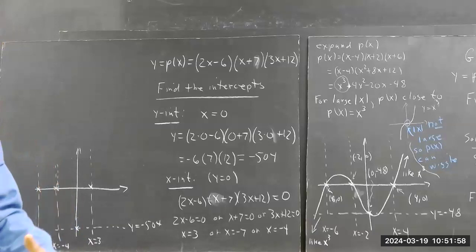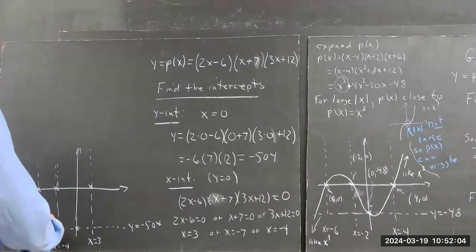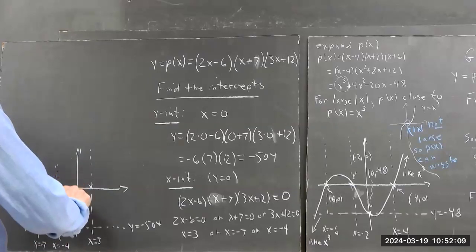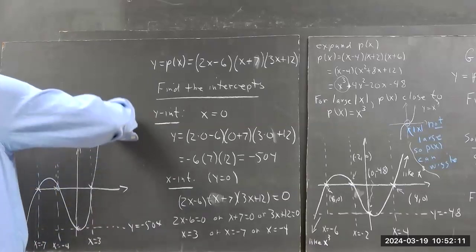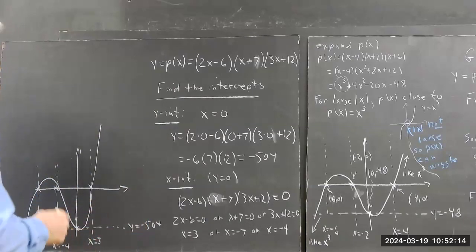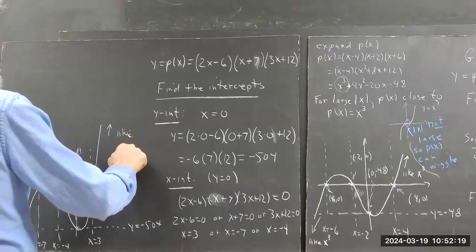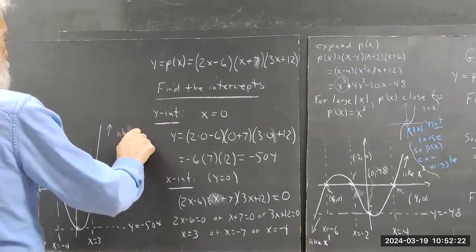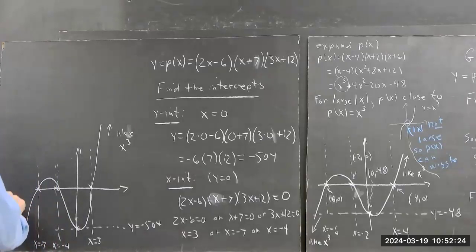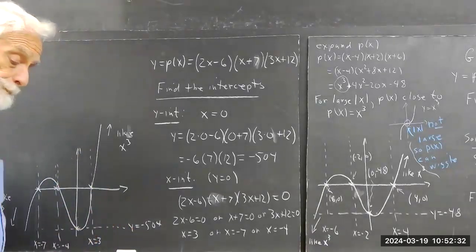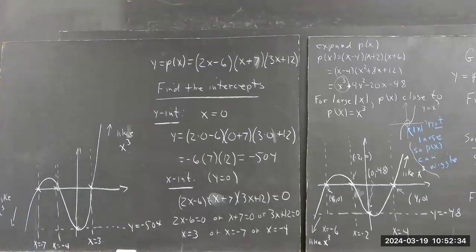The graph is going to be very similar to the one we saw earlier. So we're going to do this sort of thing. There's our graph. It's going to be like x cubed this way, and in this way, but you're going to have the wiggles in the middle. Okay, we'll go on with this next time.